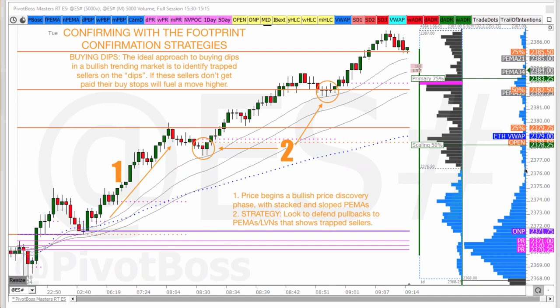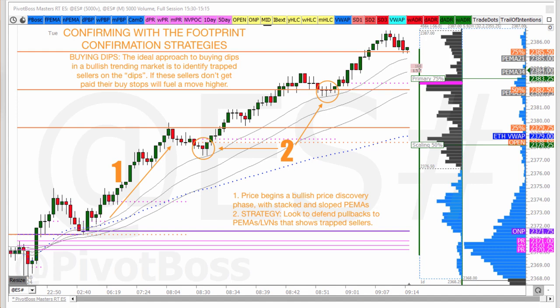But that didn't happen. Instead, as soon as price pushed above it here, it held for 20, 30 minutes. And then just ahead of RTH, boom, it had a burst move up. And as soon as that happened, as soon as this thing started to push up and go right away heading into the open, that's when I mentioned this is likely going to be a price discovery phase now.